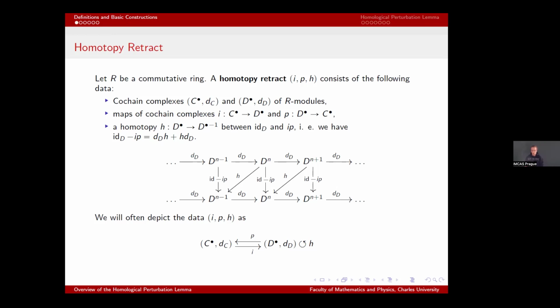And we will also graphically depict the data I, P, H like this. Yeah. So I always imagine I being some sort of inclusion and P some sort of projection. This will also be the case in the examples we will introduce.